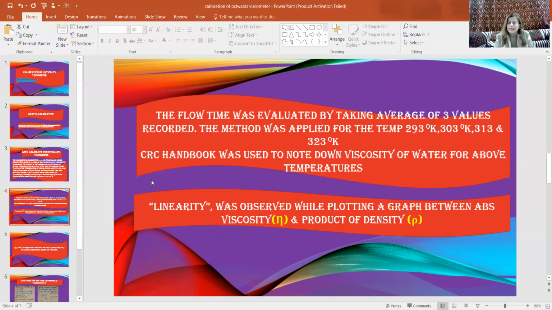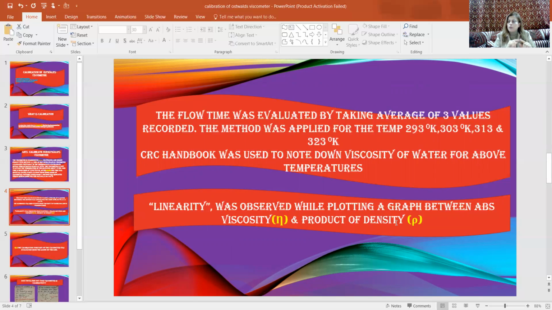Linearity. Now he's saying linearity. Linearity means a straight line was observed while plotting a graph between absolute viscosity eta and the product of density rho. Now what will happen is that you are going to plot a graph between absolute viscosity, denoted by eta, which is this, in yellow, you can see it has got the symbol, and the product of density, that is called rho, right?